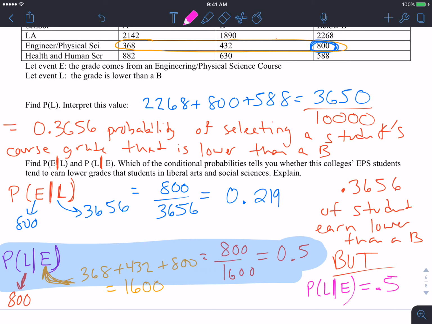So notice that it's a big difference. So the probability of L given E gives the probability of getting a lower grade given that the student is studying engineering physical science, because this probability, which is 0.5, is greater than the probability of just getting lower than a B, which was 0.3656. So we can conclude that grades are lower in engineering and physical sciences. And that's generally a pretty true statement in colleges. Usually the math and science courses have a lower GPA than other areas.